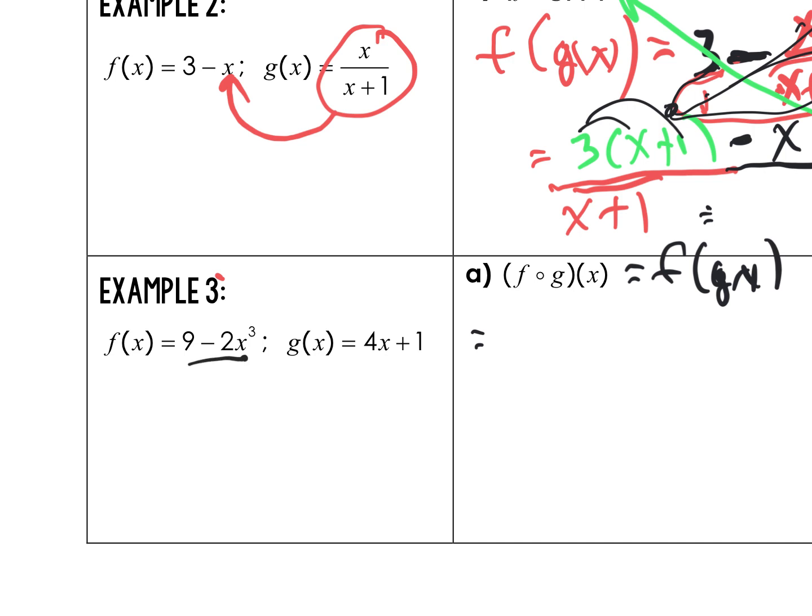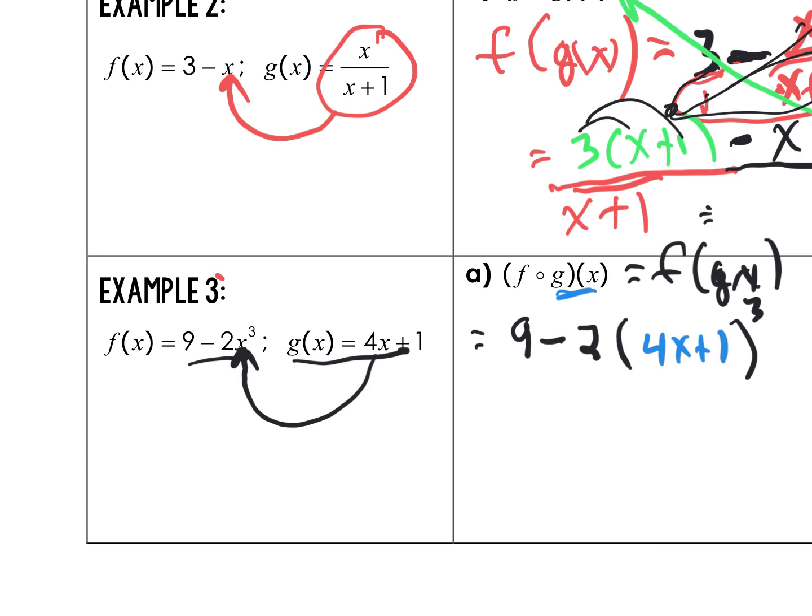All of F eating the G. So all of G goes into that X right there. So the 9 minus the 2, something being cubed. What's being cubed? All of the G, because G is on the inside. G is 4x plus 1.